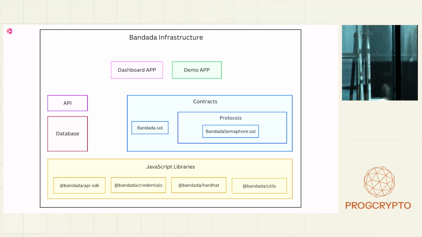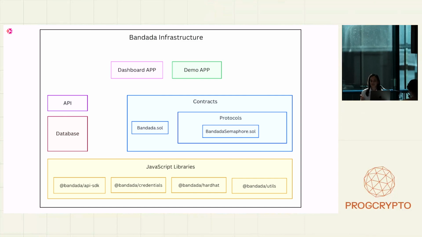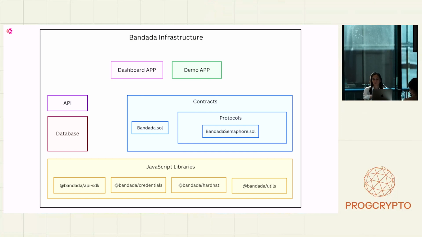Right now it is Bandada with Semaphore to verify Semaphore proofs, and the idea is to add more protocols in the contracts too, and also for off-chain. Right now it supports Semaphore, but the idea is to add more.